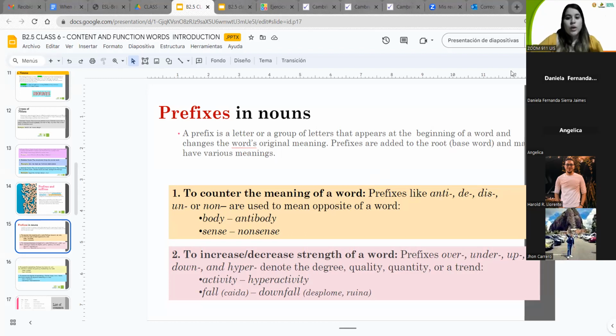Now, to increase or decrease the strength of a word, prefixes like over, under, up, down, hyper denote the degree, quality, or quantity, or a trend. For example, activity, hyperactivity, fall, downfall, right? These prefixes increase or decrease the strength of a word.